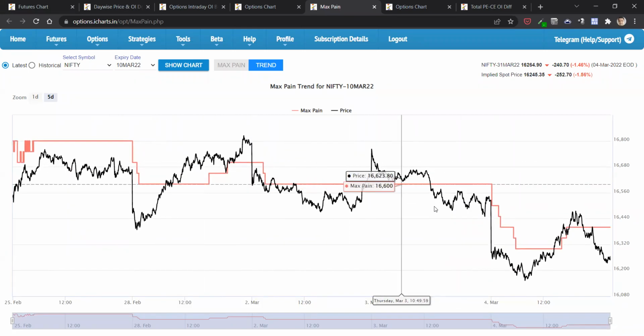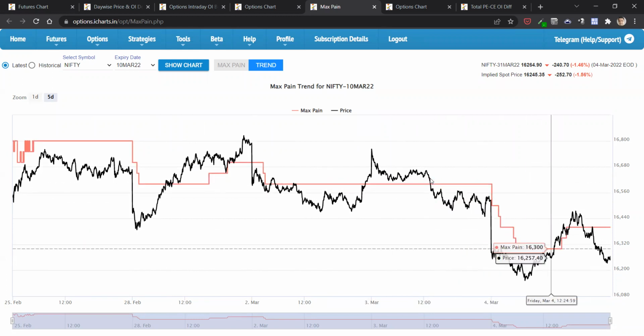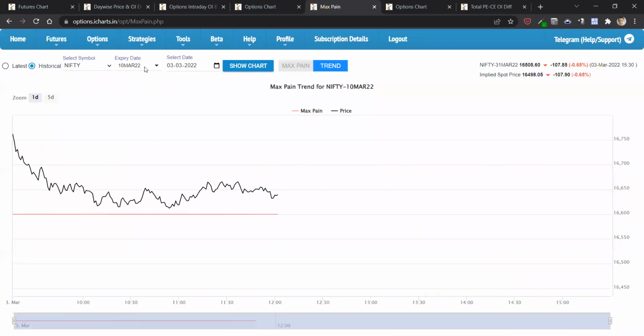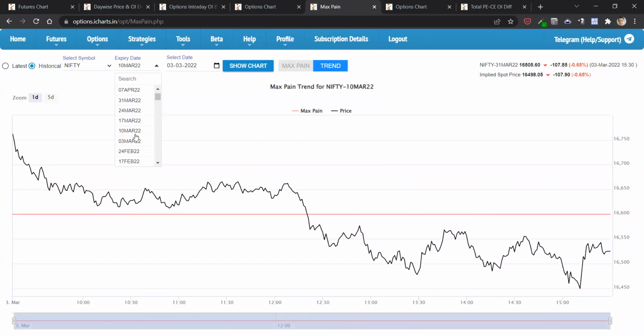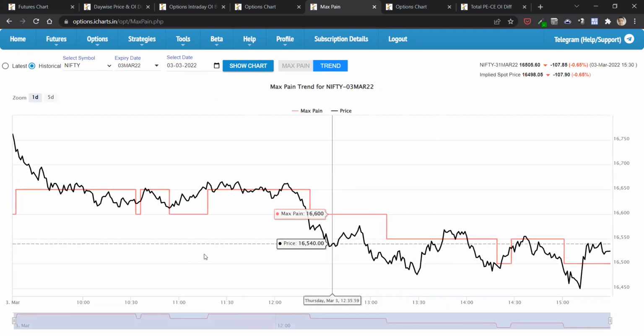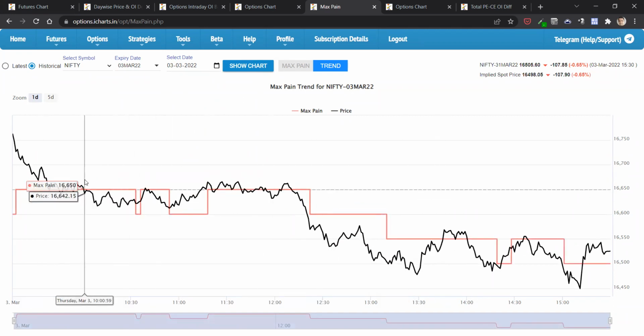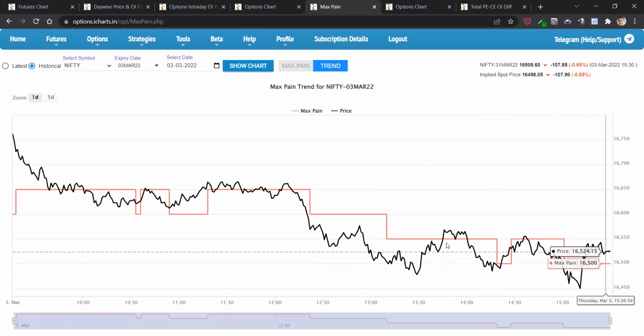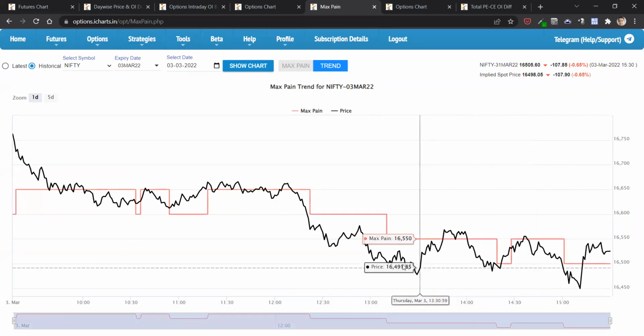Of course, this tends to be a bit late, but you get some idea around where the expiry could be. People like to monitor this on expiry day. On expiry day, you monitor this closely, say 1 day, and it will tell you where the expiry is generally going to happen.